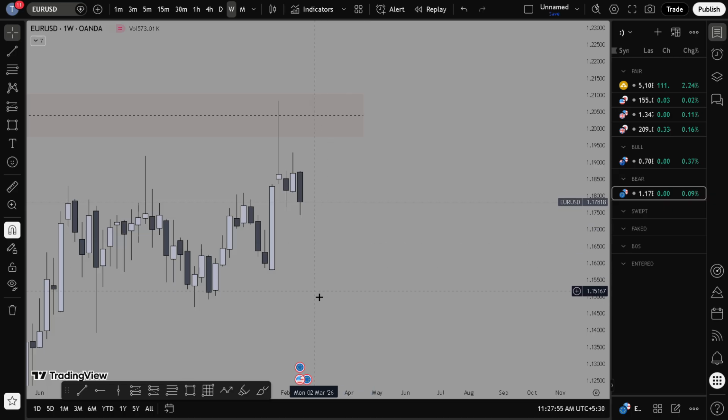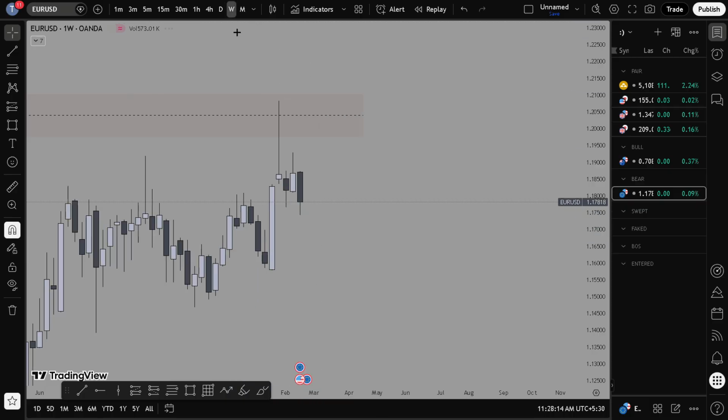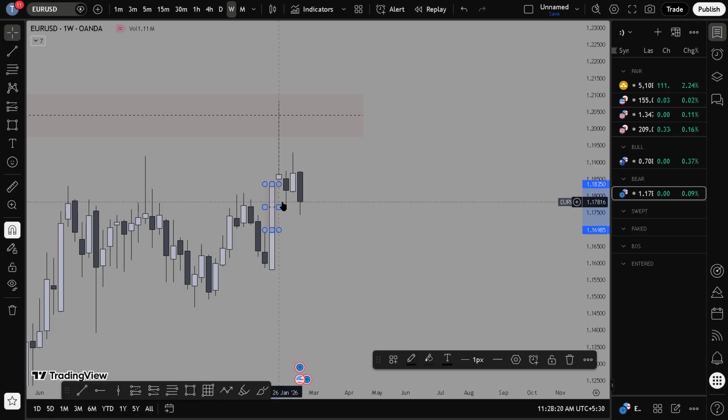So let's go to monthly first. Price right now is here. We got a rejection, and then what else do we have here? We do have this weekly fair value gap.